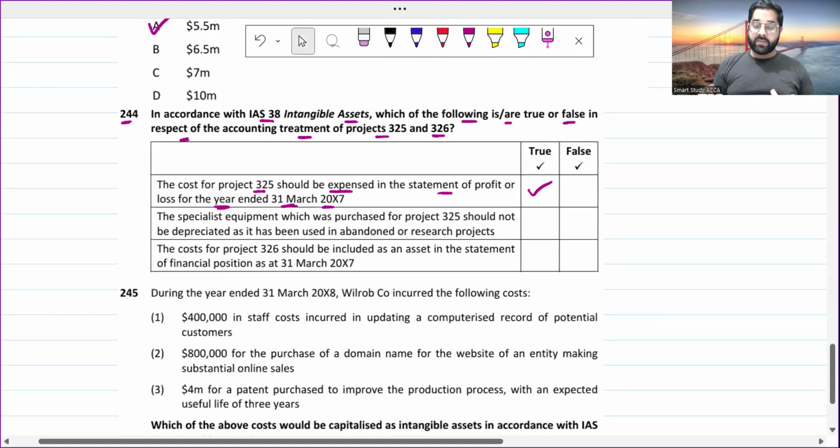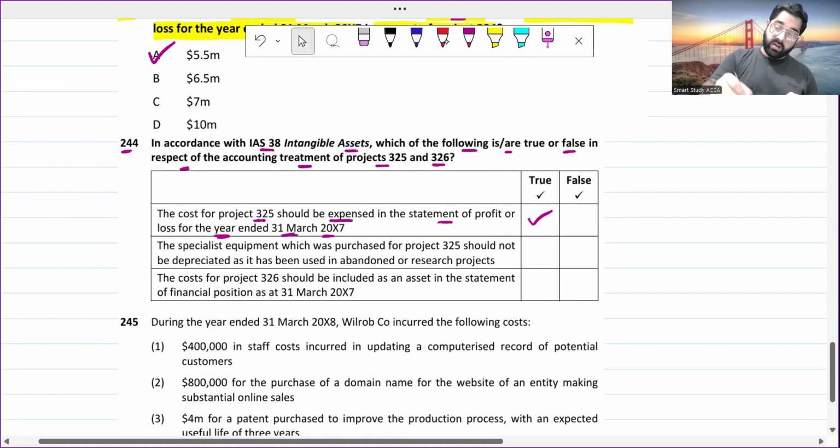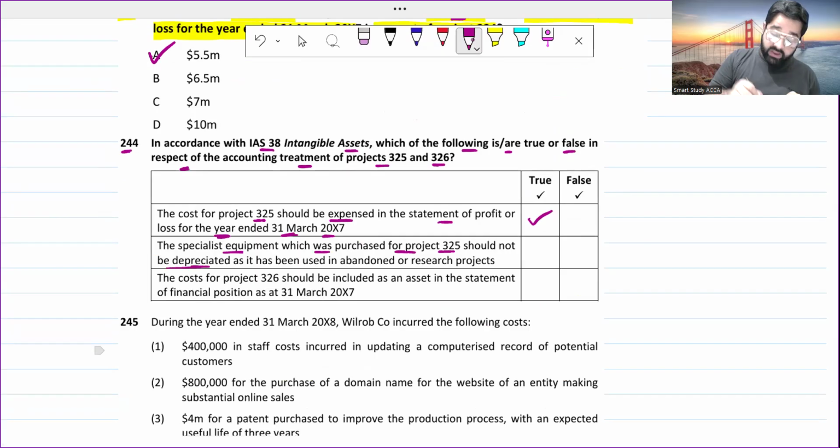So it's a correct statement. Next, the specialist equipment which was purchased for project 325 should not be depreciated. No, it should be depreciated because it is available for use. When any non-current asset is available for use, it should be depreciated, right? So this statement is false.